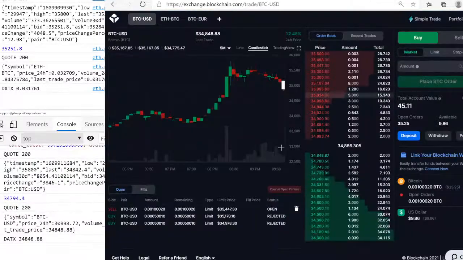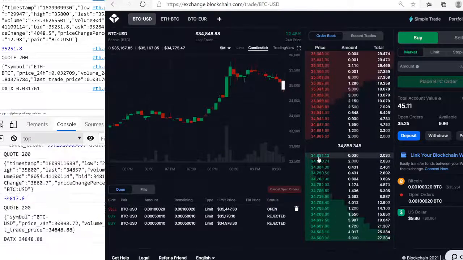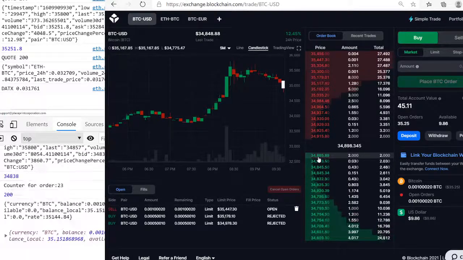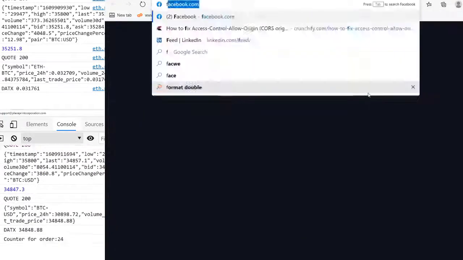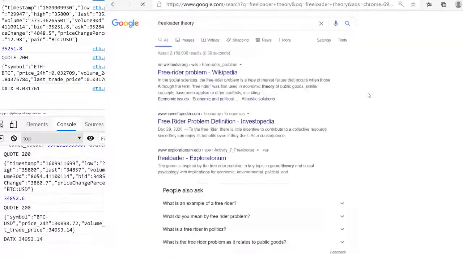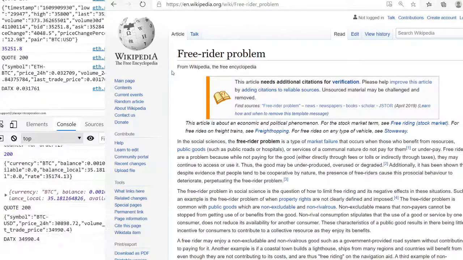Focus, focus, focus. 34,848. Juwanza, it was a joke, my friend. Just a joke, man. It's economic theory, man. It's a good thing. It's a theory. It was just a joke, brother. Free rider. It's a type of market failure. It's kind of ironic because we're just here.